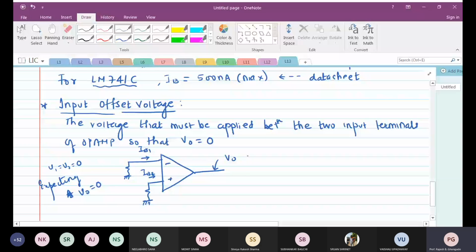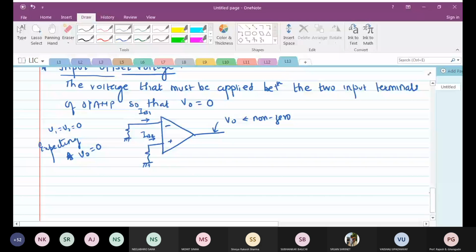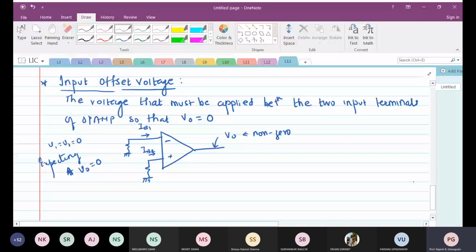This is called the output offset voltage. It is an offset. Remember, I am not applying any input. No matter what you do, you cannot have 100% matching of the transistors. That is the reason why there is an imbalance, and because of that, you get the output offset voltage, which is a non-zero value.